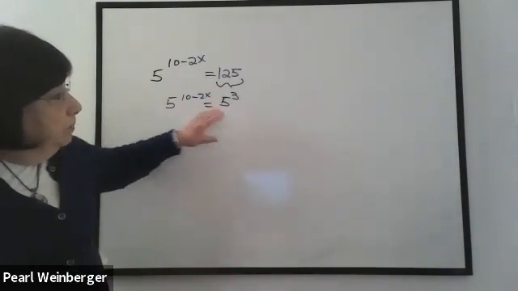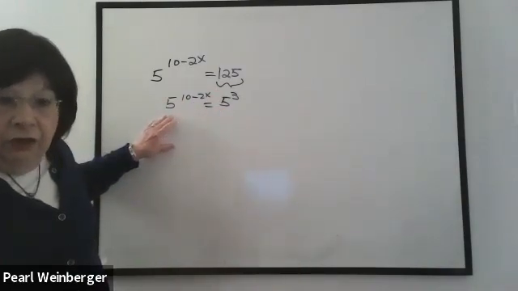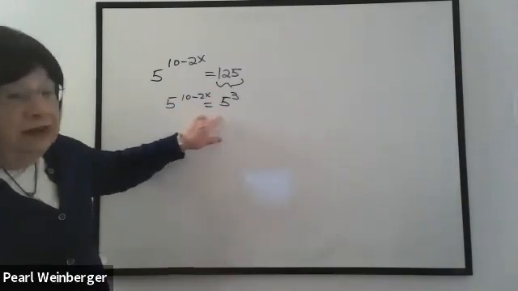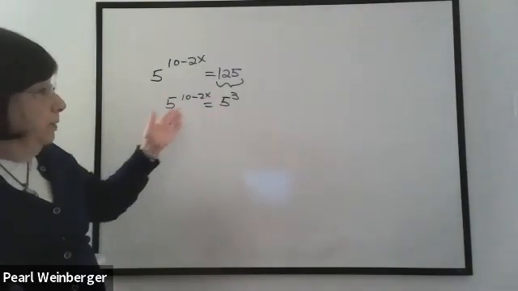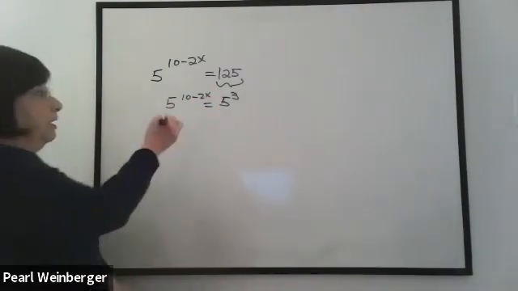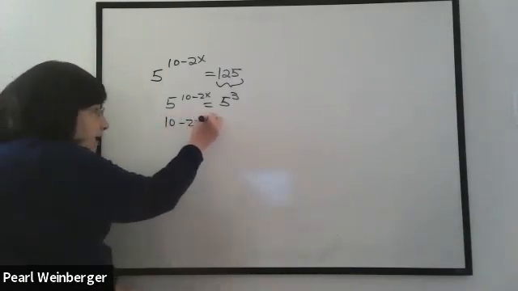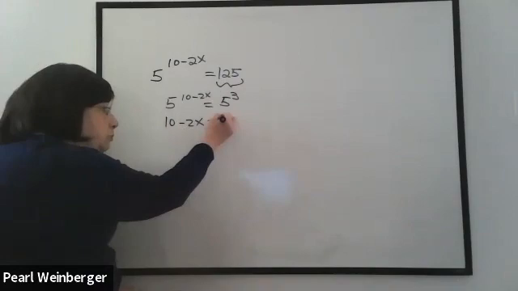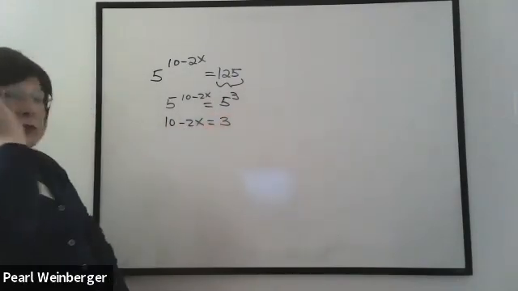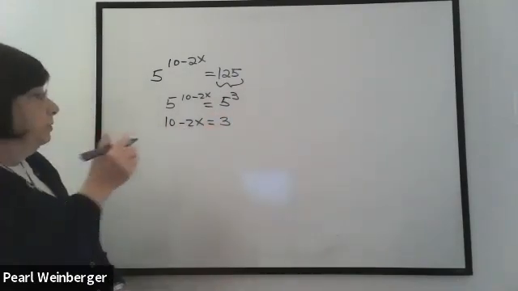Since they're both to base 5, we can then say if their bases are the same, their exponents, which on this side is 10 minus 2x, have to be equal to the exponent on the other side. It has to be equal to 3.